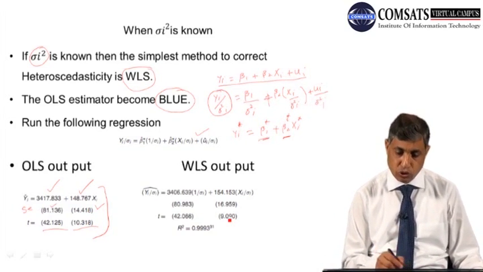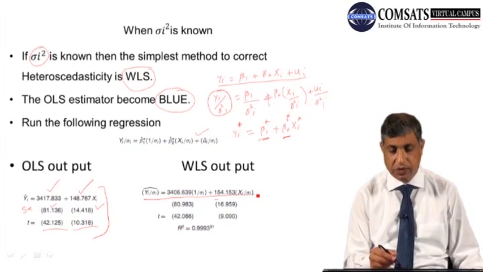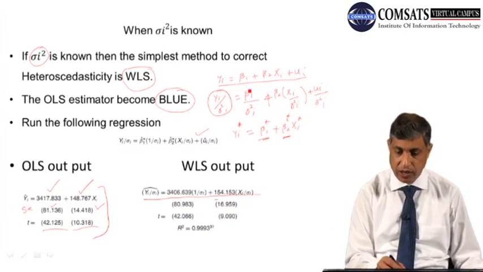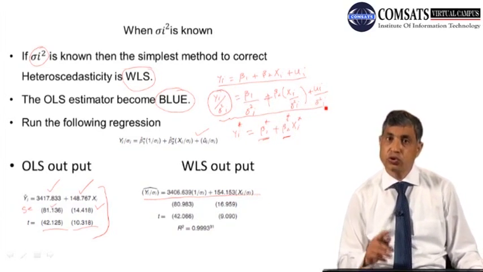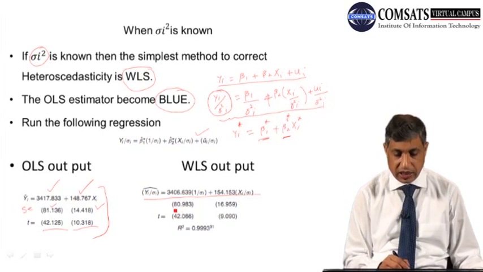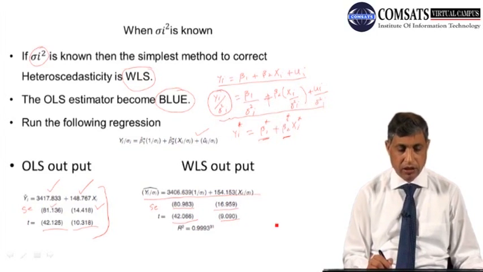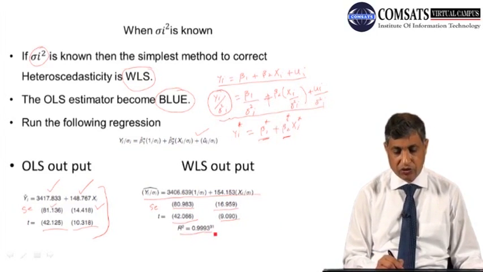Look at this, you use this model. Rather than star, this model has been written in this form. You can see this form. So what is this? You can again see that these are the standard errors of the parameters, these are the t statistics and this is the r square.